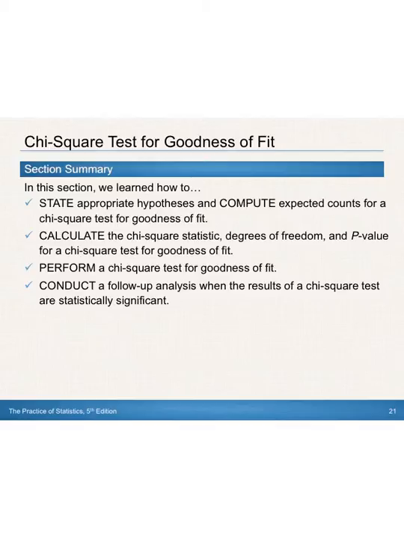Chi-square significance tests are run the same way as the rest of the significance tests. We have hypotheses, null and alternative. We have a test statistic. In this case, it's taken from the observed minus expected count, squared, divided by expected count, and degrees of freedom. Chi-square distributions are all positive, but we still look at degrees of freedom, the number of categories minus 1.